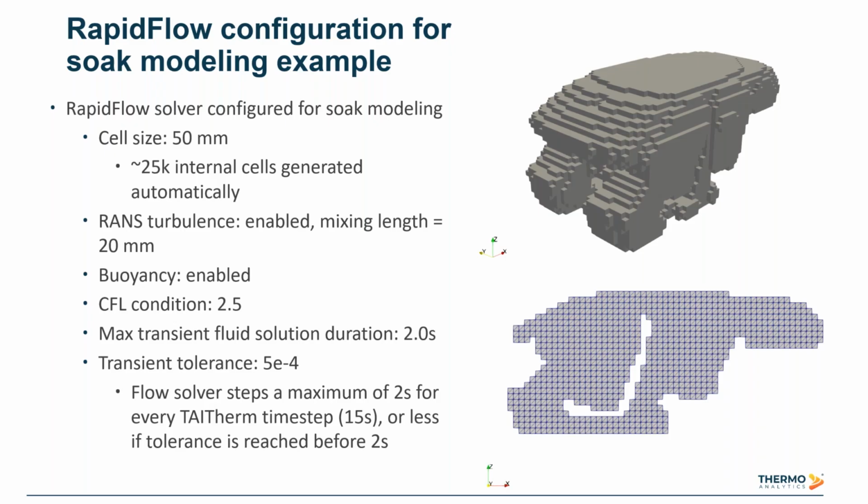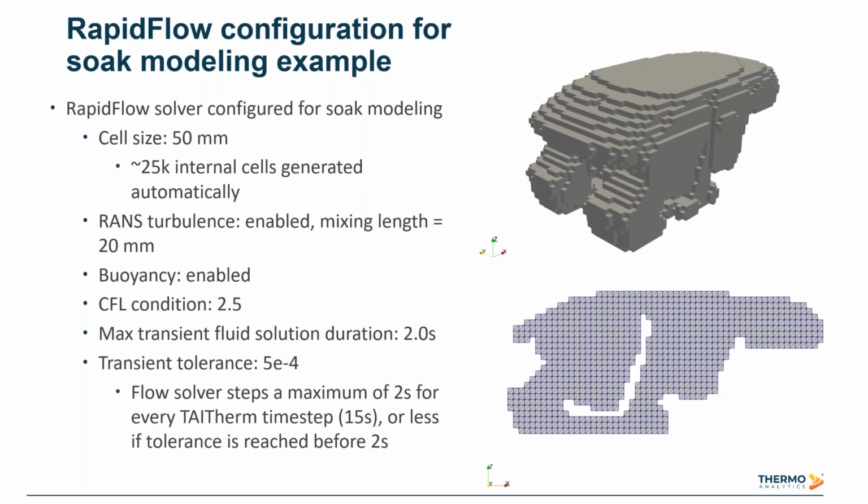And then the last couple of bullets here get into some of the pseudo-transient coupling parameters that are pretty important. So for a soak modeling case, having a tight coupling between the thermal and fluid solve is pretty important. So on the TAITherm thermal model side of things, we're going to use a fairly small time step size compared to what you normally would for a soak, which might be several minutes. But with coupling here, we're going to use about a 15-second TAITherm time step size.